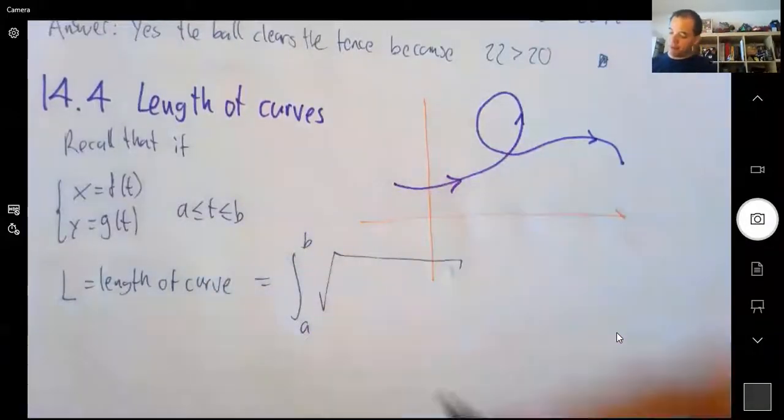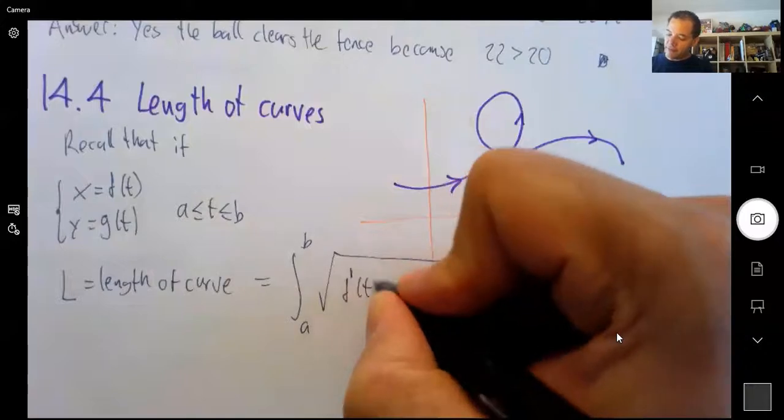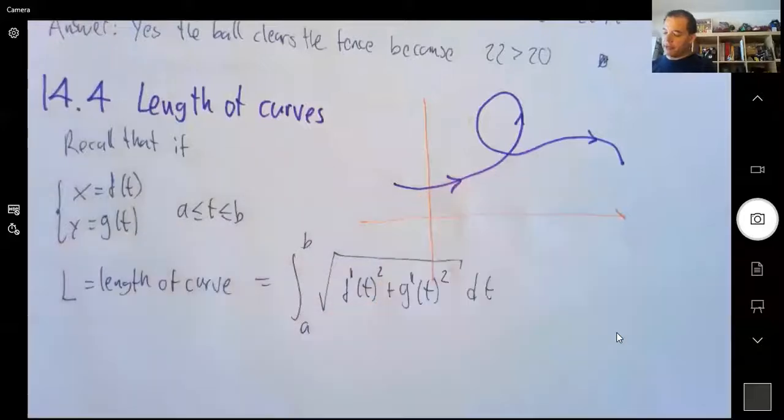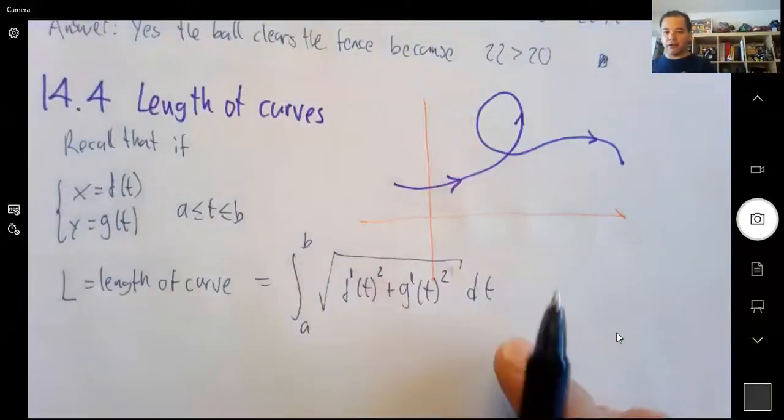We did this work before. It's the integral between a and b of the square root of the derivative of f squared plus the derivative of g squared.